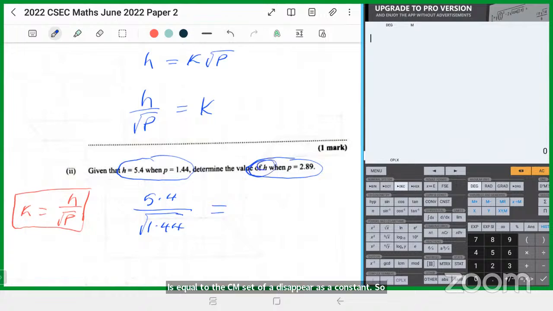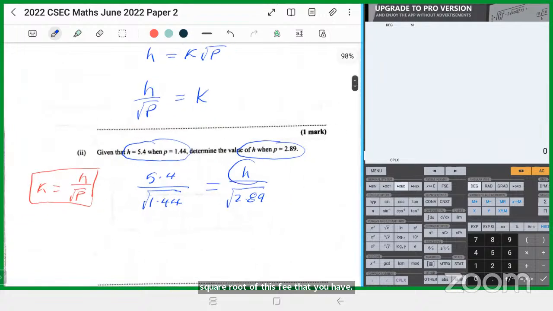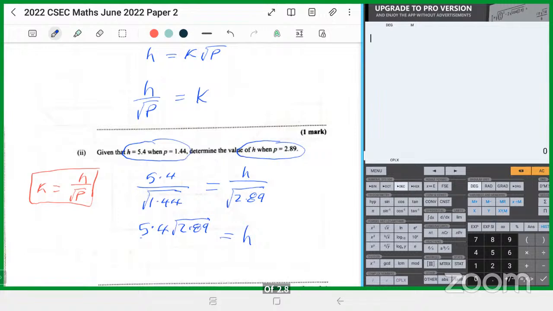So it is the h that you're trying to find over the square root of this p that you have. Now you have an equation to find the h. To find this h, all I need to do is take this and multiply it up in front here. The h becomes equal to 5.4 times the square root of 2.88 over the square root of 1.44. That's what I get when I multiply this up here.